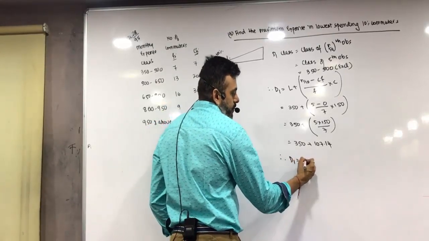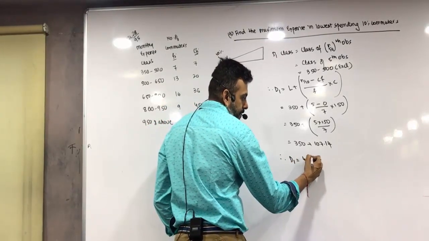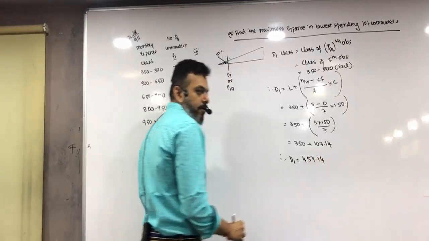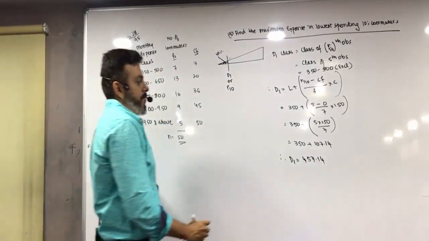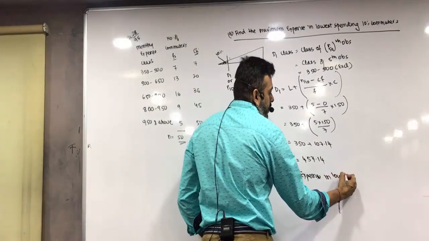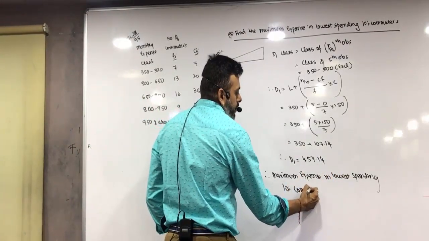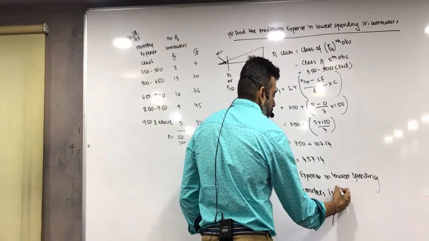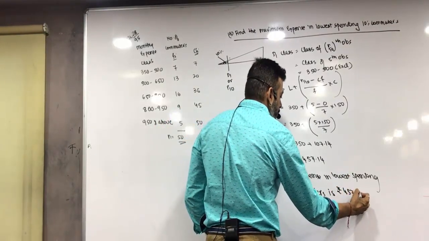Therefore, D1 is equal to 457.14. Therefore, the maximum expense in the lowest spending 10% commuters is rupees 457.14.